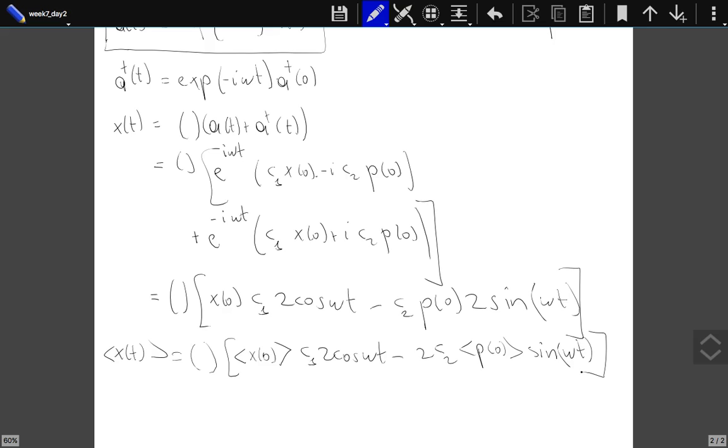But the cosines and sines are just numbers which you can take out of the inner product, bra and ket. So what remains between the bra and the ket are the operators, which are x of 0 and p of 0. And this relation will hold whatever your state is.